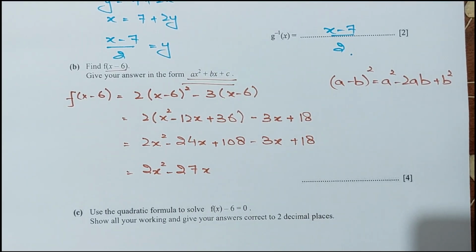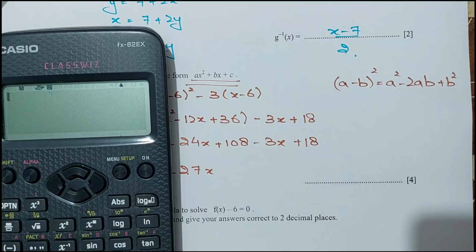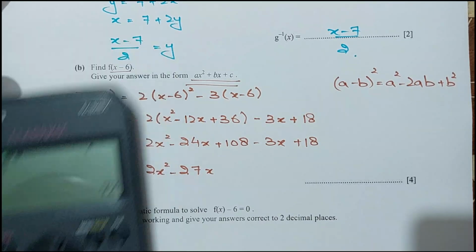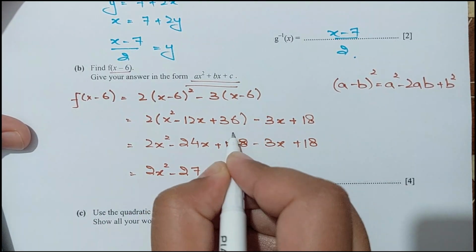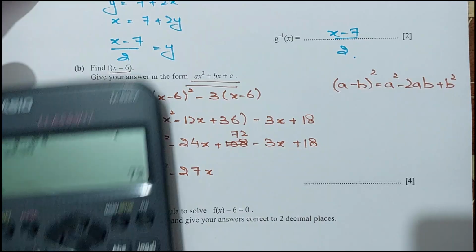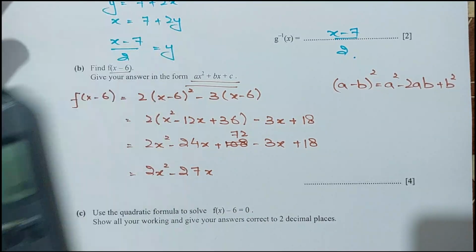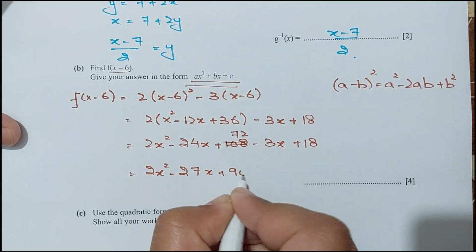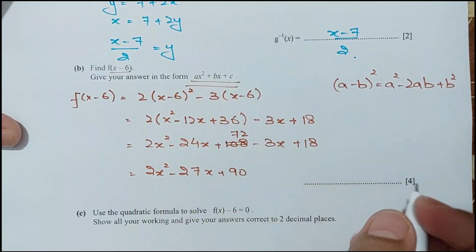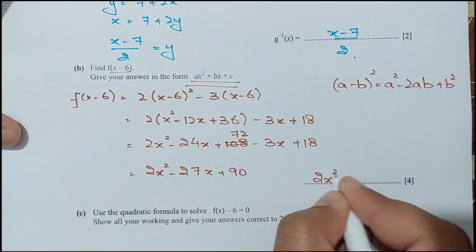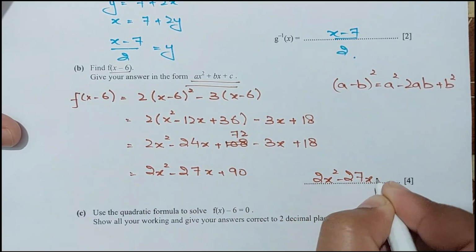Wait a minute, what I did over here. 2 times 36 is 72. And 72 add up 18 is 90. So the equation in the form ax square plus bx plus c would be 2x square minus 27x plus 90.